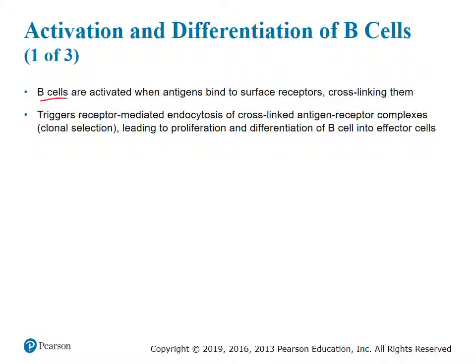When we see B cells get activated, that's when the antigen binds to the surface receptor. We call this cross-linking, where the surface receptor binds to the antigen. The cell endocytoses the receptor and the antigen that is bound to it, and then it triggers activation of the B cell. We call that clonal selection, just the same as what we just talked about.